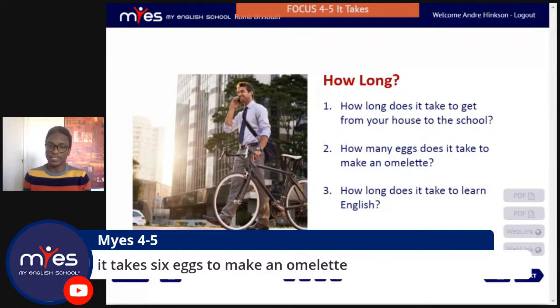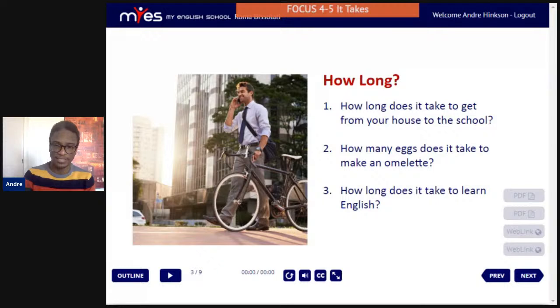So Raffaele says it takes 25 minutes by car. Excellent. To the school. So it takes 25 minutes by car from his house to the school. Good. Excellent. So always remember, when you start the answer, we use it takes.